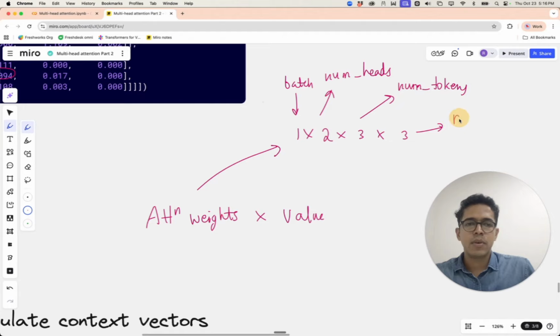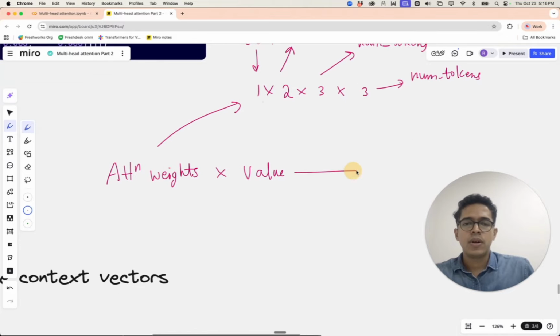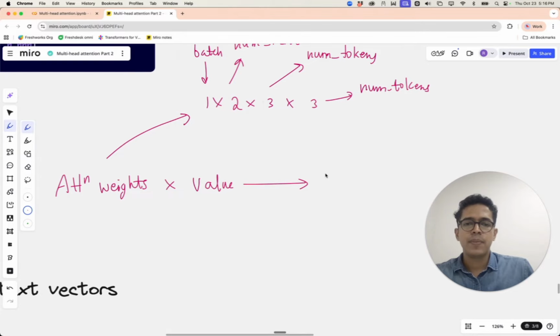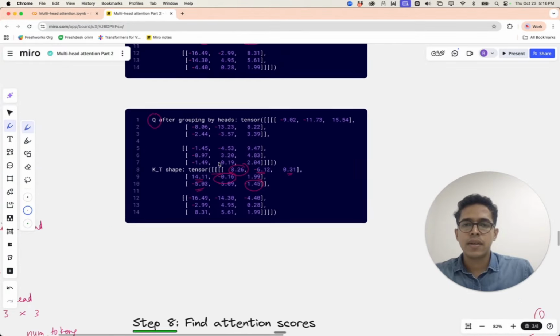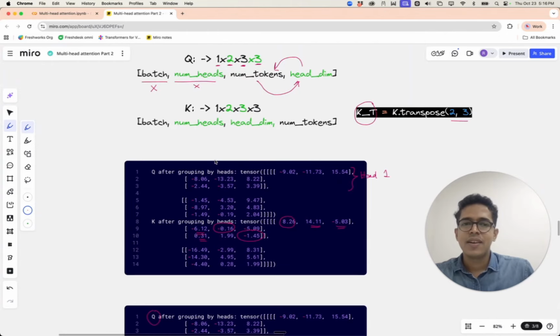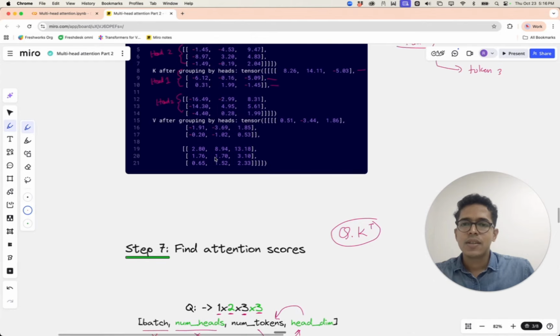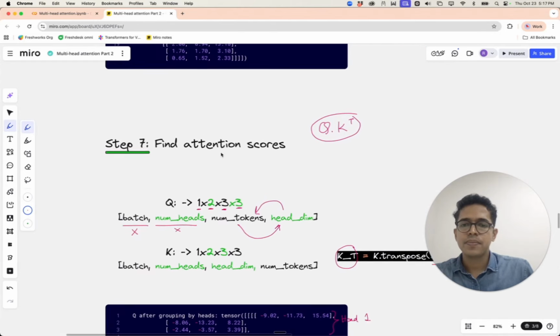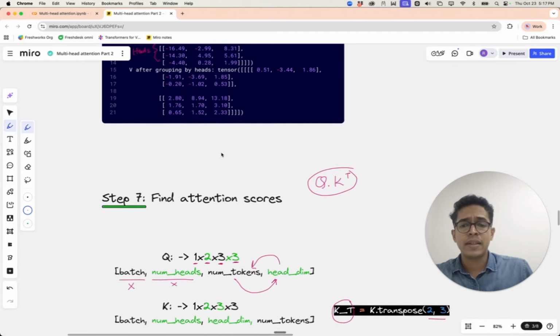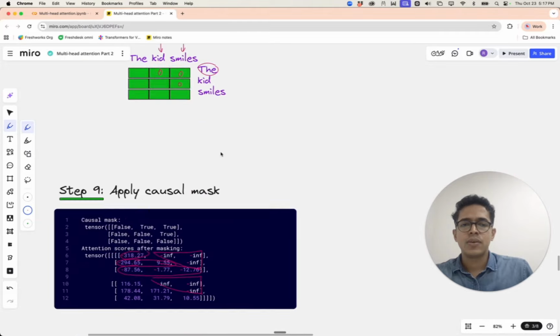And this is the number of tokens. What about value? What is the dimensionality of value? We did value last over here. We did not touch value after a point. So value after grouping by head was 1 by 2 by 3 by 3, I guess.